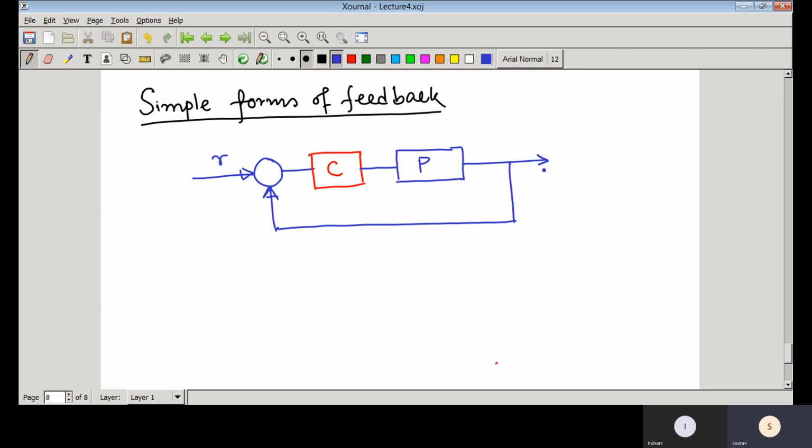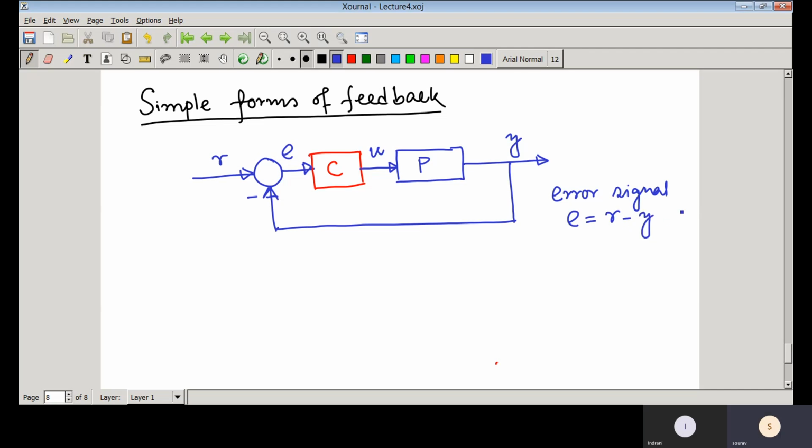This output is called the controlled output Y, and this is the control input U, and E is the error signal. Suppose we are taking negative feedback. So here the error signal E equals R minus Y.